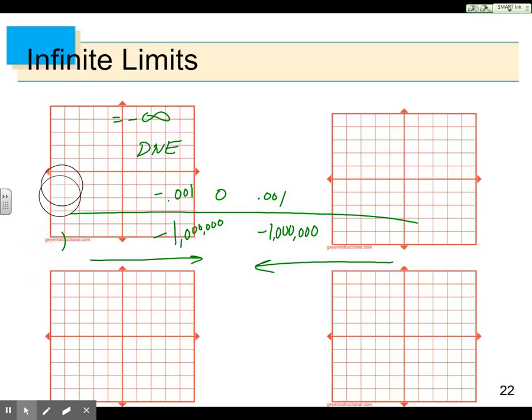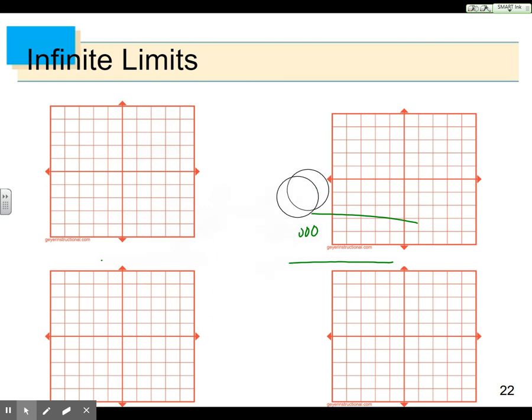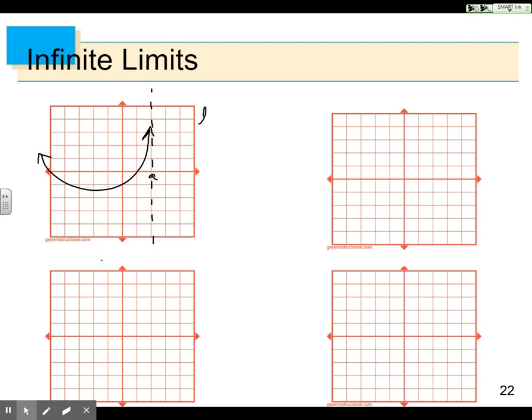So what could this look like visually? Because these are going to help me get vertical asymptotes eventually. So what does it look like visually? I could have, say, a vertical asymptote right here. This thing could be motoring along, and then it just comes up right there at, let's say, a. And so on this one, this would be a one-sided limit.